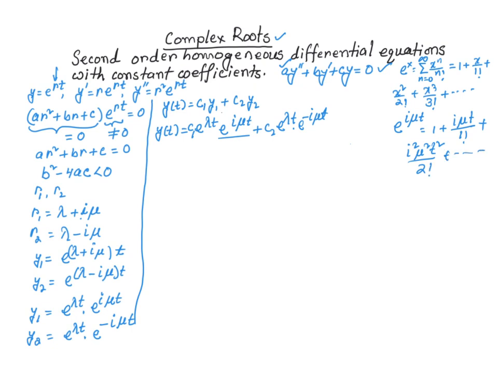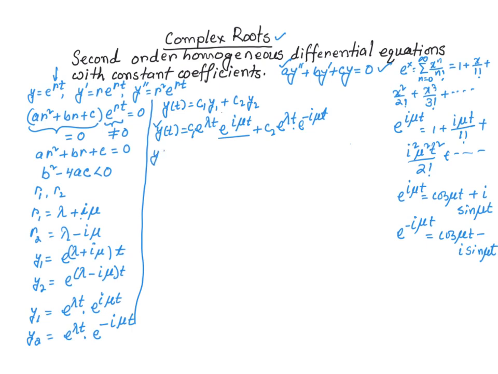That will give you e to the power i mu t equals cosine mu t plus i sine mu t. Similarly, e to the power negative i mu t gives you cosine mu t minus i sine mu t.